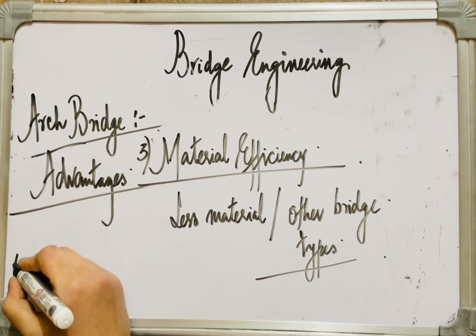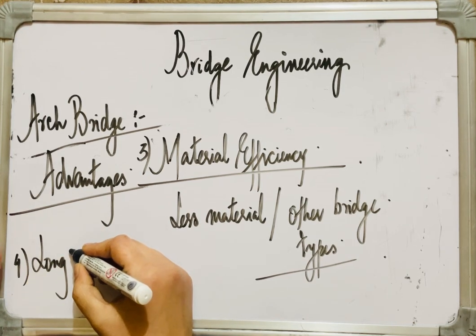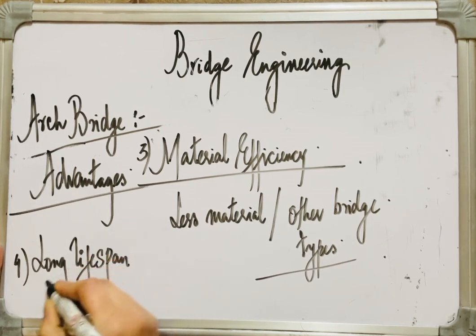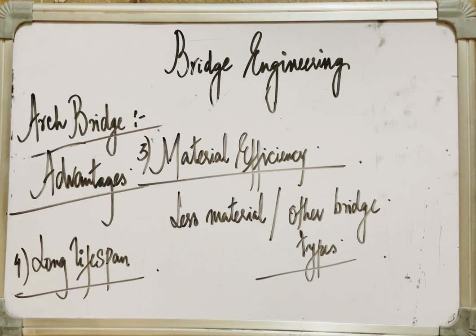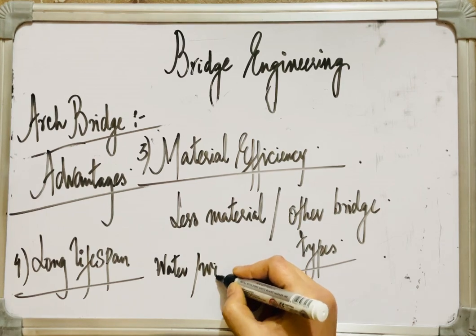Fourth advantage, they have a long lifespan. These arch bridges have a long lifespan due to their stability and ability to withstand environmental factors like water, wind, or temperature changes.